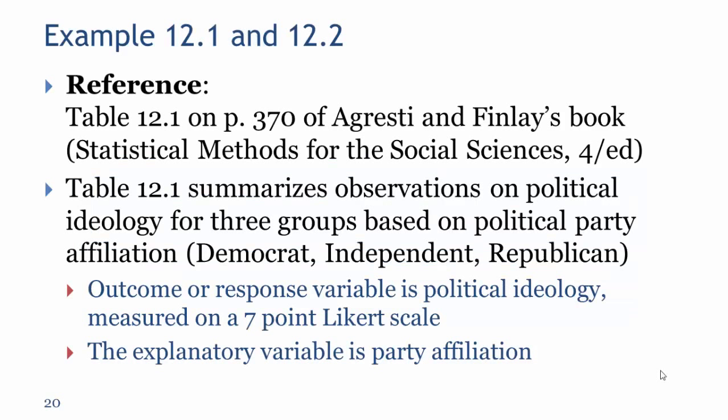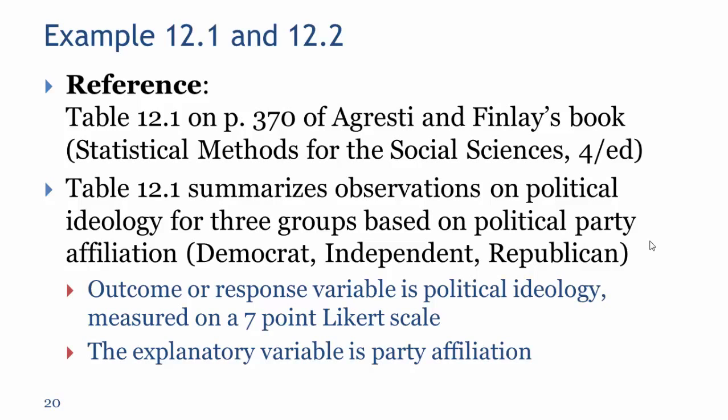So the first example is given on page 370 of the textbook, and there you'll find in table 12.1 some summary observations on political ideology for three groups based on political party affiliation. So in this problem, the outcome or the response variable is political ideology, and that was measured on a 7-point Likert scale.